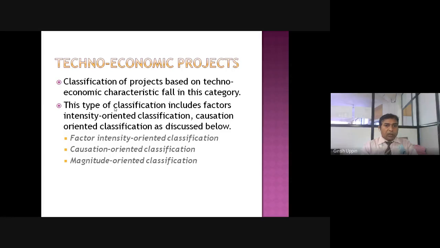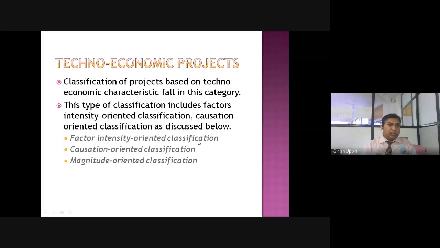Techno-economic projects. Classification of projects based on techno-economic characteristics falls in this category. Whatever technology and economic-related characteristics there are, those projects will fall into this category. This type of classification has three categories: factor intensity oriented classification, causation oriented classification, and magnitude oriented classification.